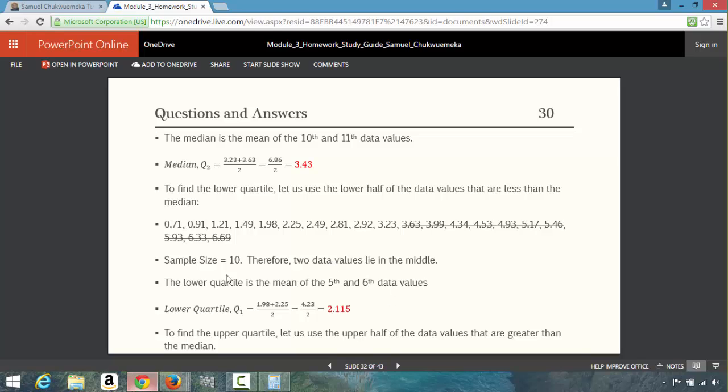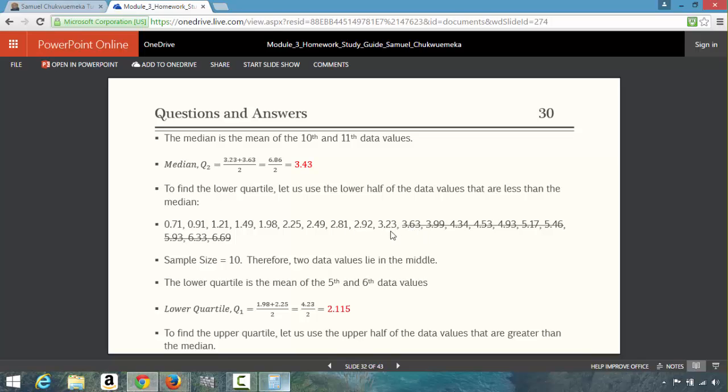Okay. So if you take the median of this lower half, it is known as the lower quartile, Q1, and that gives you 2.115. To find the upper quartile, use the upper half of the data values greater than the median. So which ones are greater than the median?